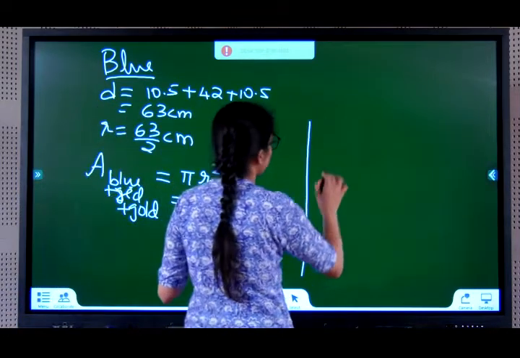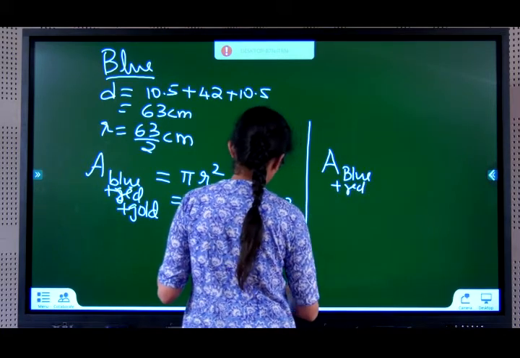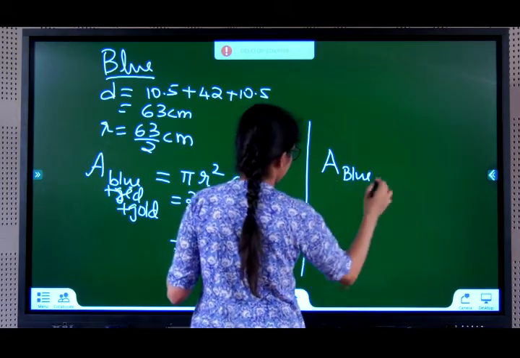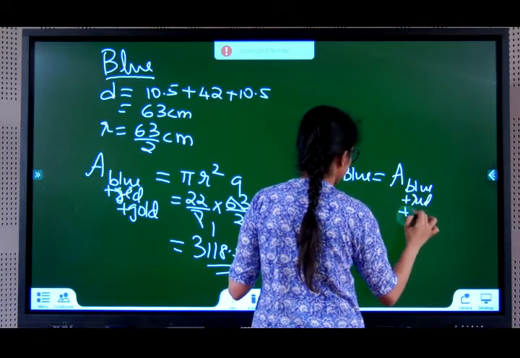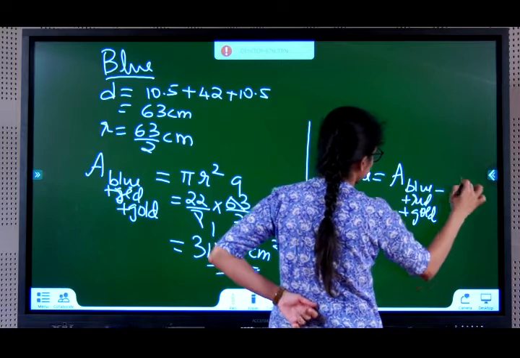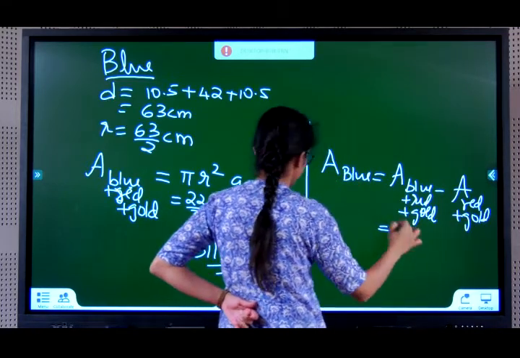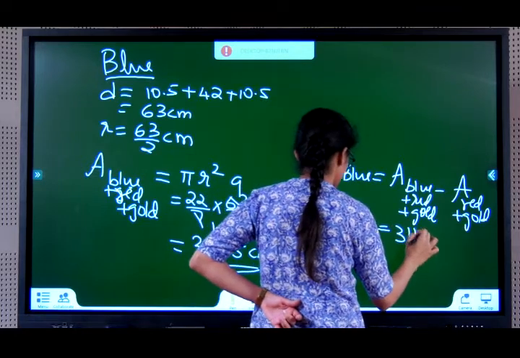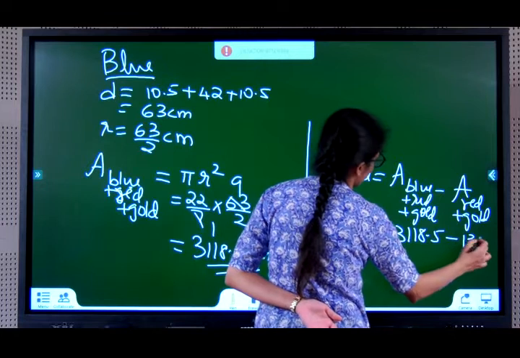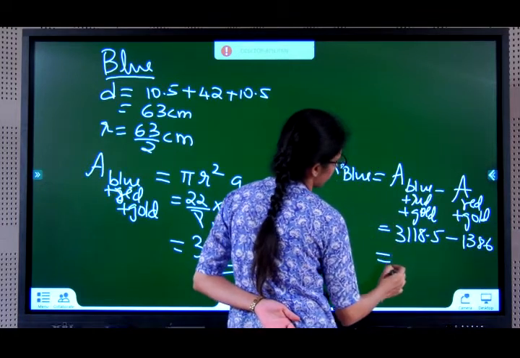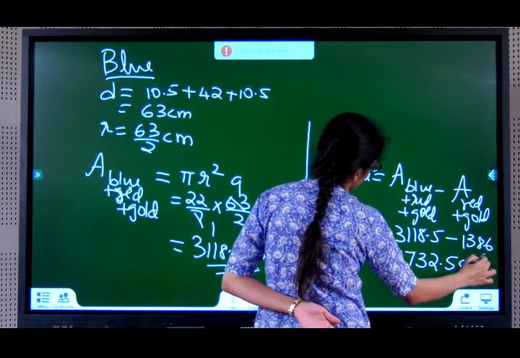So area of blue is equal to area of blue plus red plus gold minus area of red plus gold. 3118.5 minus 1386. So this becomes 1732.5 centimeter square.